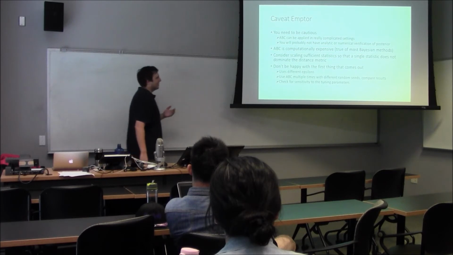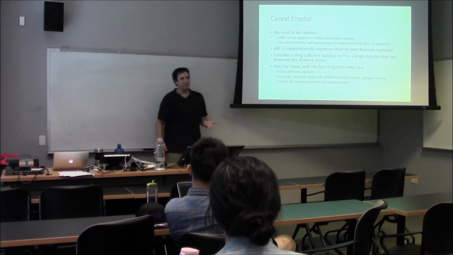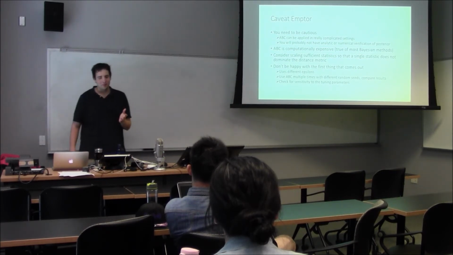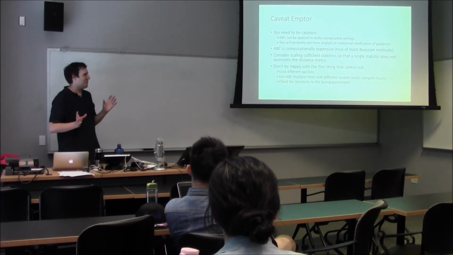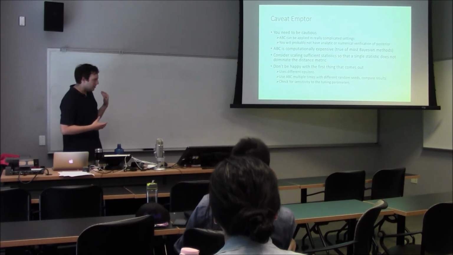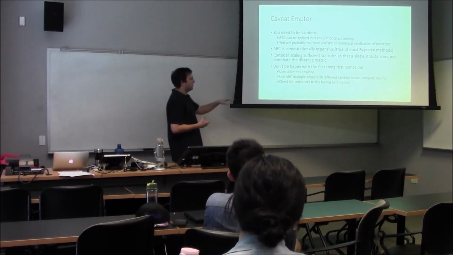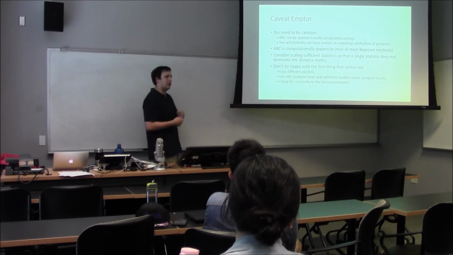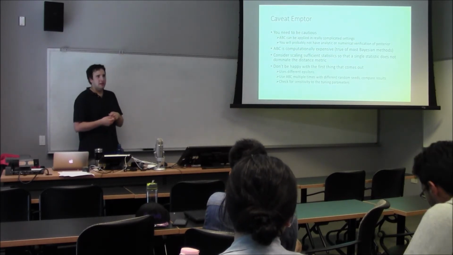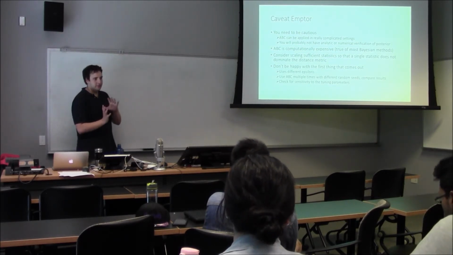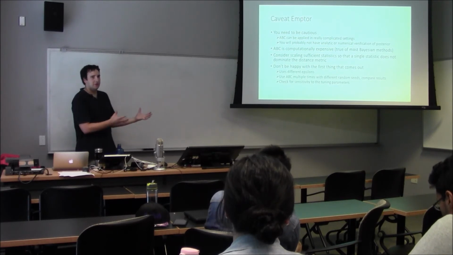And the last is, again, being cautious. Don't be happy with the first thing that comes out of this. You should run it many, many different times. Use different epsilons. Calculate the ABC multiple times using different random seeds and compare the results, because, again, you don't have an analytical solution to compare to see if you're doing it right.